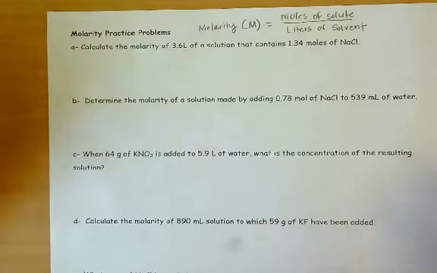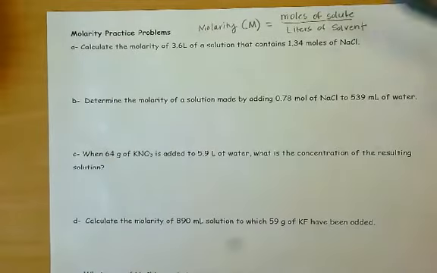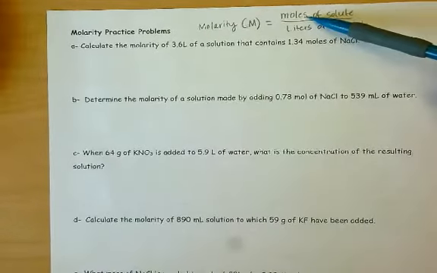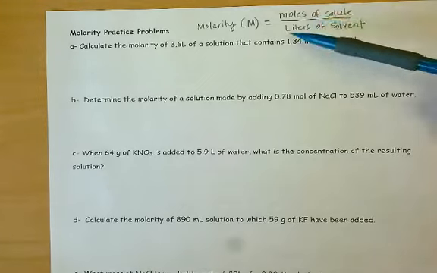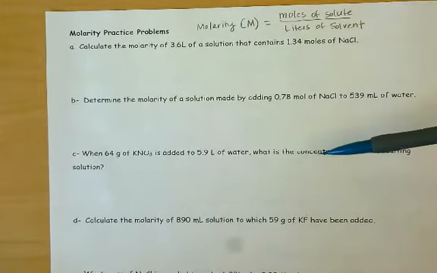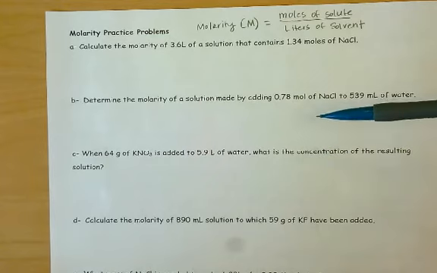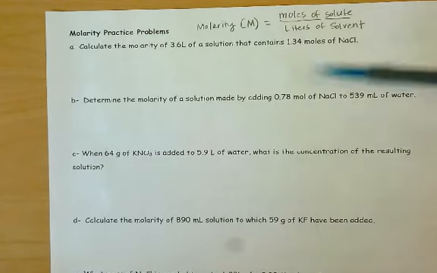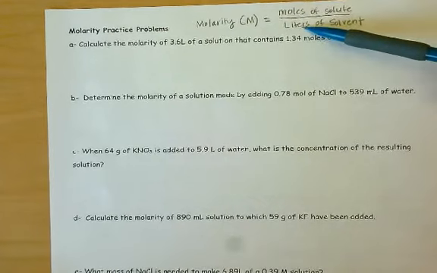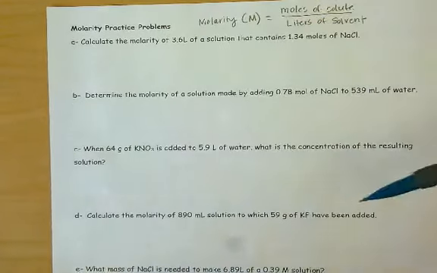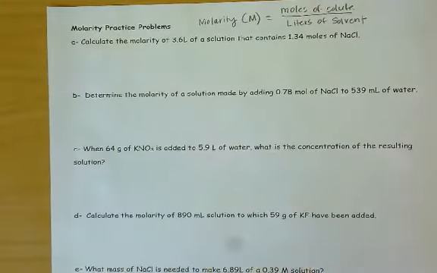The tricky part is sometimes it doesn't give you moles. It might give you grams, and so you're going to have to do a conversion, convert it into moles. Sometimes instead of giving you liters, it might give you milliliters. Therefore, you're going to have to convert that into liters. So you just want to make sure you have these units when you're ready to calculate your molarity.